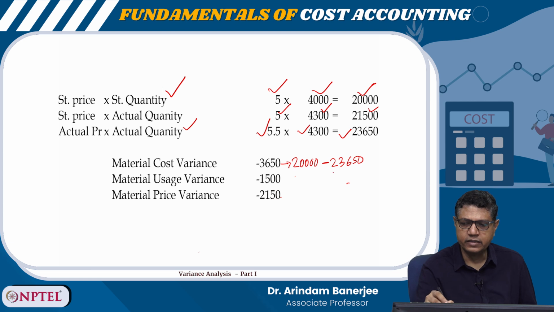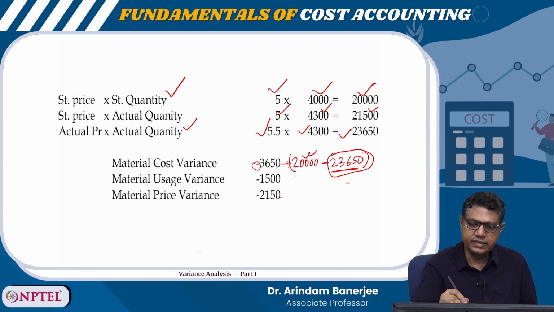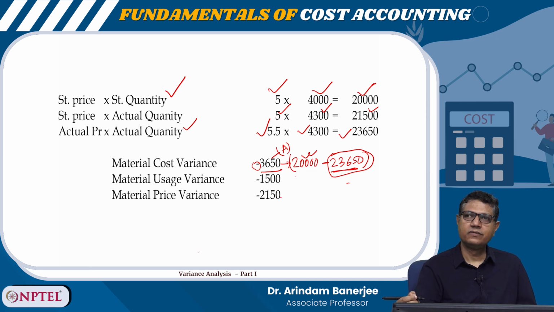Now you see the actual cost is bigger than the standard cost, so this variance is minus. This minus signifies an adverse variance. So the material cost variance in this case is 3650 adverse.